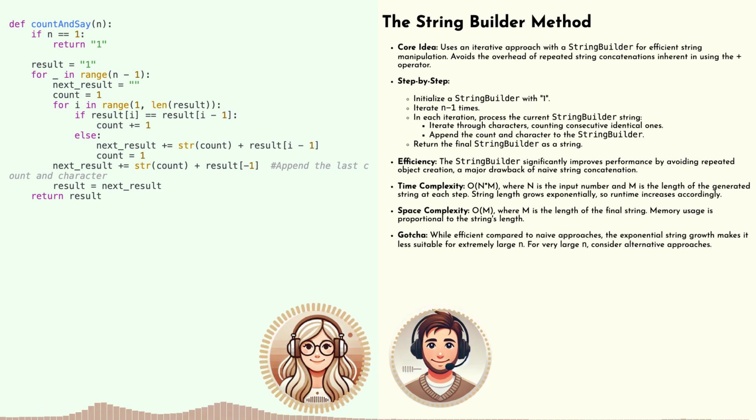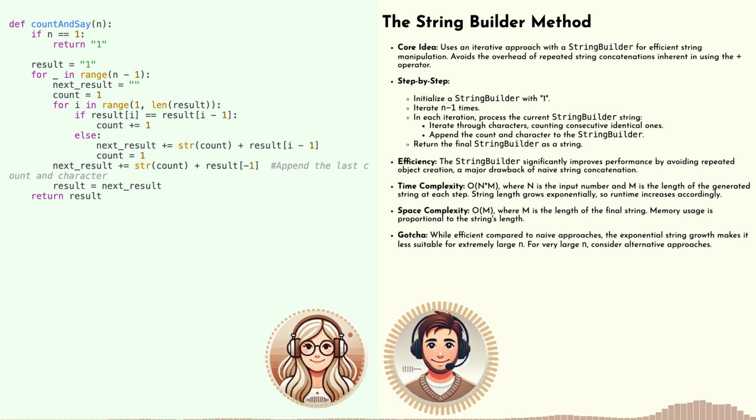So we need to keep track of which digit we're looking at right now and how many times we see it in a row. So for example, if our current term is 11, we would note that there are 2 ones. I see. And then we just add that information to the string builder. Exactly. Then we go to the next digit and do the same thing again. Okay. So when we reach the end of the current term, the string builder has the next one ready to go. That's starting to make sense.